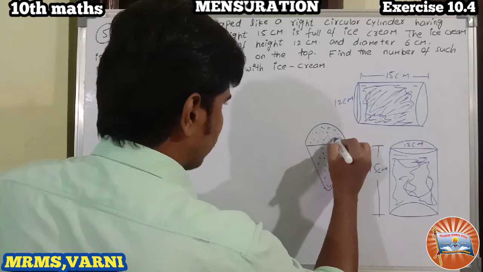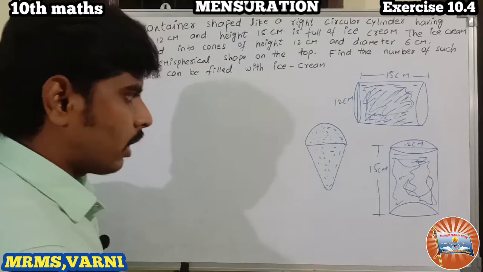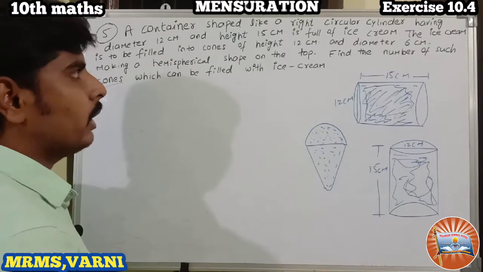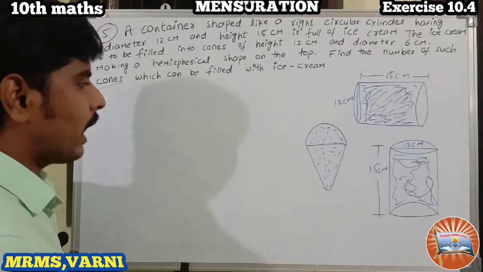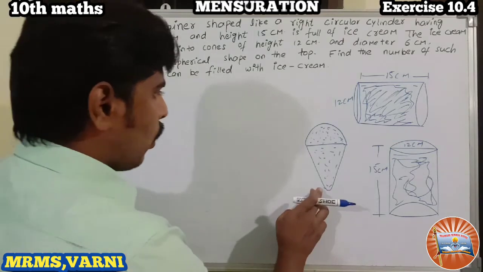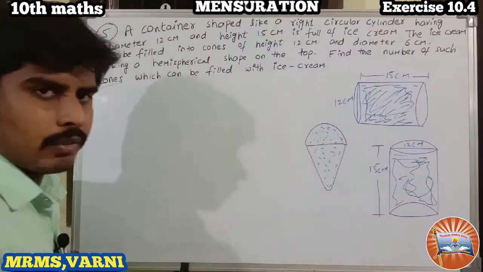It is completely filled with ice cream taken from the container. What we have to find here is the number of such cones which can be filled with ice cream. How many ice cream cones can we fill here? That is what we have to find.